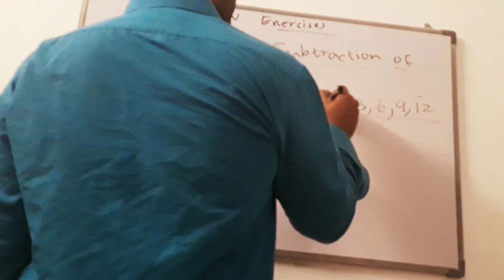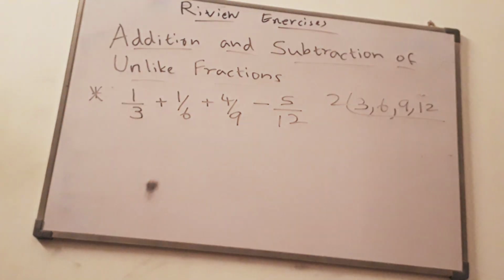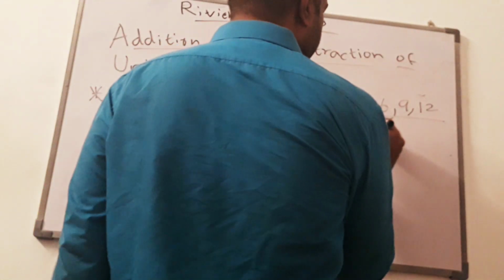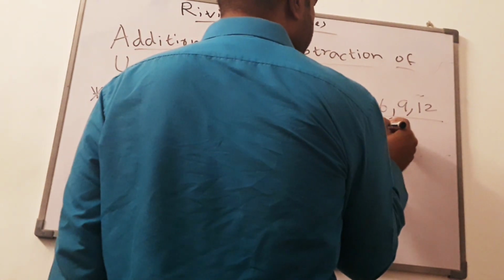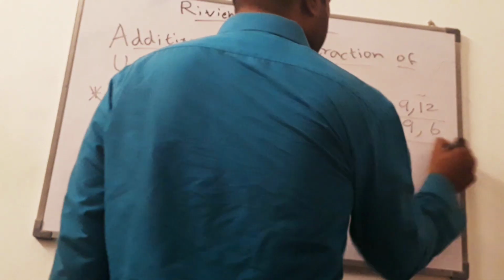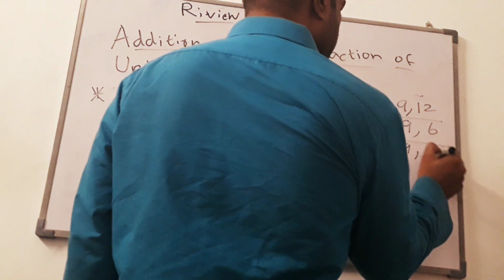6 and 12 both are divisible by 2, because 2 is the least prime factor. So 3, how many 2's are there in 6? 3, 9, how many 2's? 6. 3, 3, 9 are not divisible by 2, but 6 is divisible by 2. So 2, 3, 3, 9, 3.